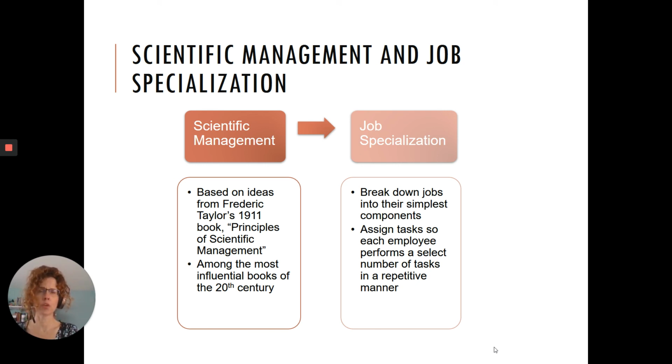What needs to happen in order for people to be really effective at their jobs, to perform at a high level, is we need to break down jobs into their simplest components and then assign tasks so that each employee performs a select number of those tasks in a repetitive manner. The idea is that by doing something simple over and over and over, you'll get really good at it. You'll become incredibly efficient at it. That was the basic idea.